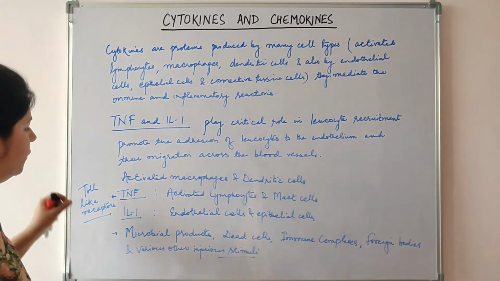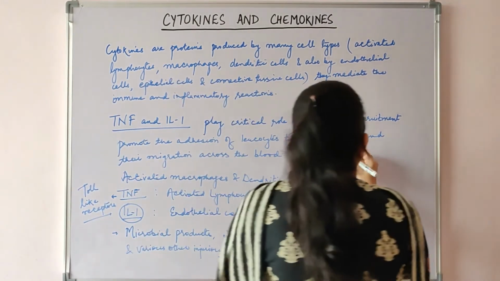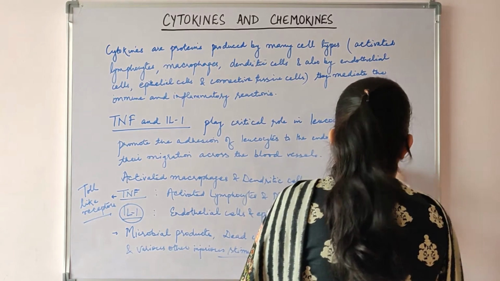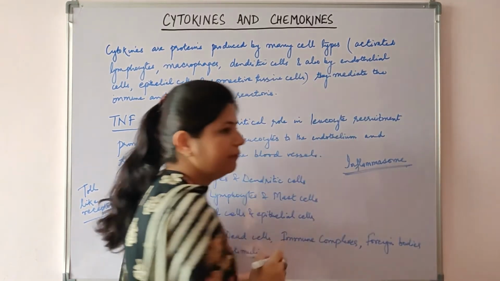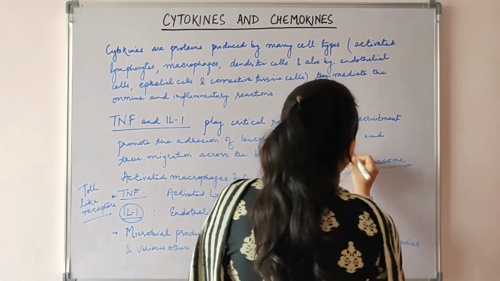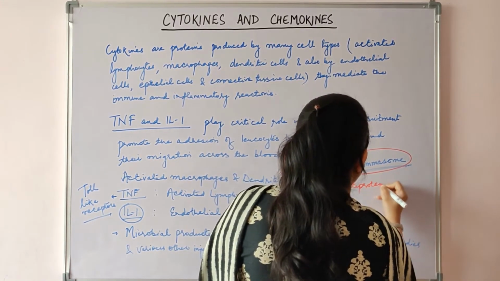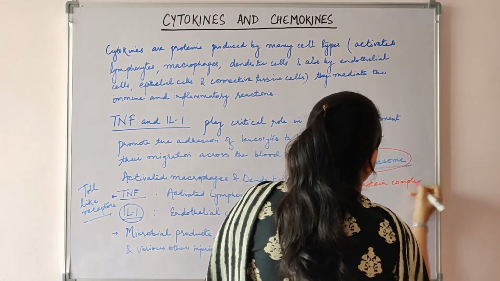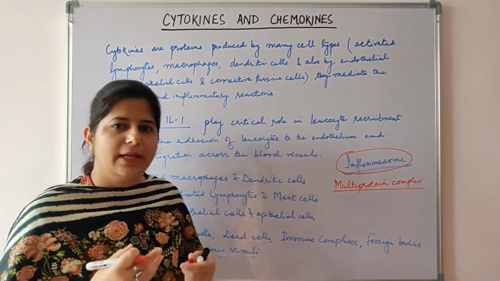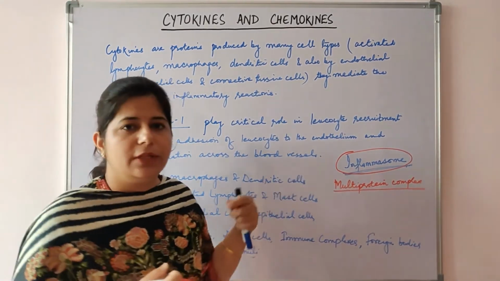Now for the production of interleukin 1, the role of inflammasome comes into play. What is inflammasome? Inflammasome is a multi-protein complex. Now the microbial products, when they enter the cell, they are recognized by some intracellular receptors which lead to activation of this multi-protein complex.